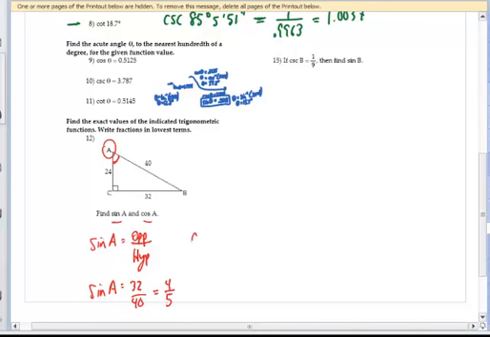And the cosine ratio of A is going to be the adjacent over the hypotenuse. Again, cosine of A equals 24 over 40. And you should reduce that ratio by taking an 8 out of both terms, and you would have 3 over 5. So those would be the two answers for that.